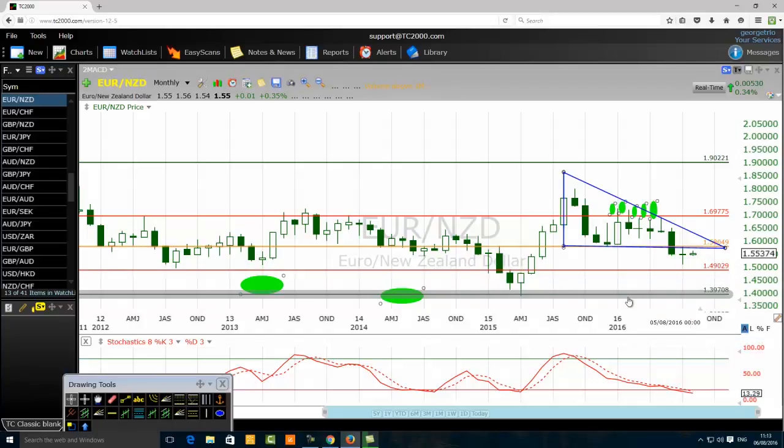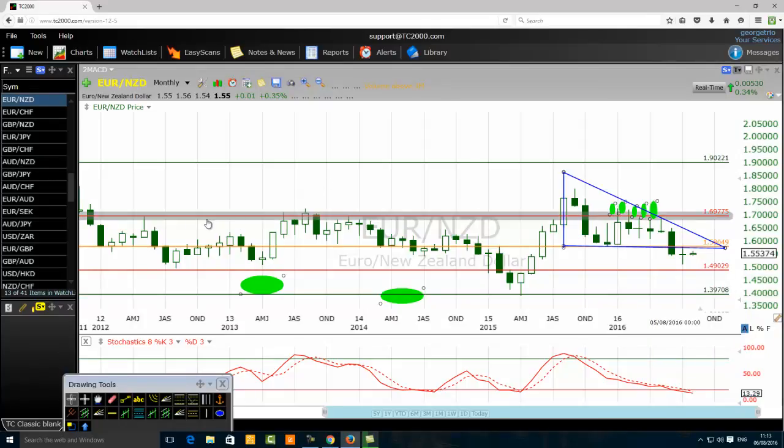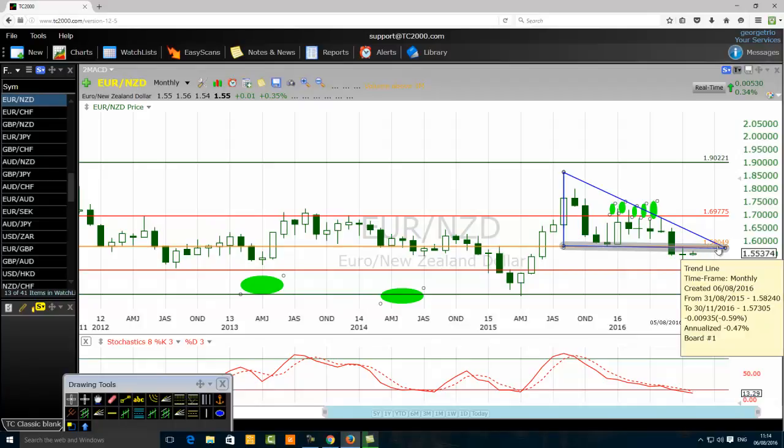So at this stage, what can we say to traders? Looking at the current price structure, the price is consolidating between 169.77 and a level of 149.02. The median line is at 158.02.